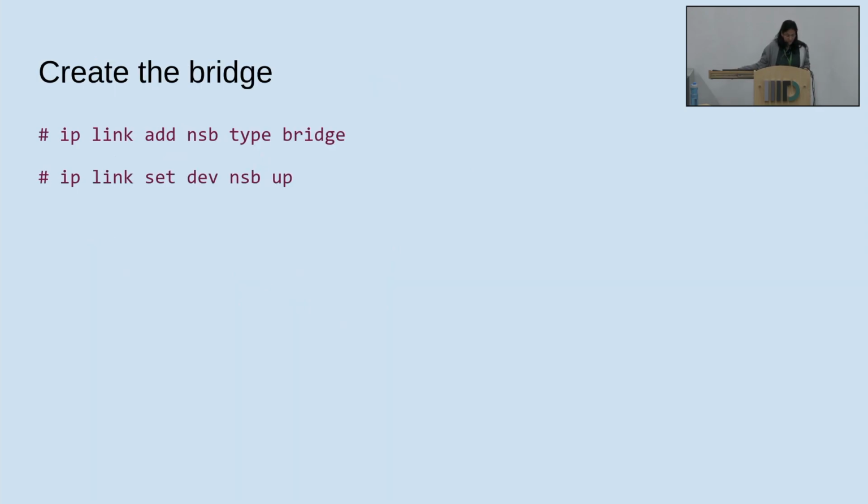Okay, so next thing we do is, as we had it in this diagram, we create the NSB bridge. So NSB is the name of the bridge, and this bridge defines the type of what we want to add. Create the bridge and bring the bridge up.